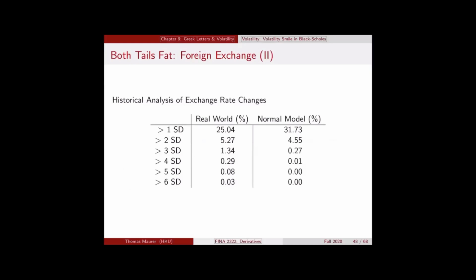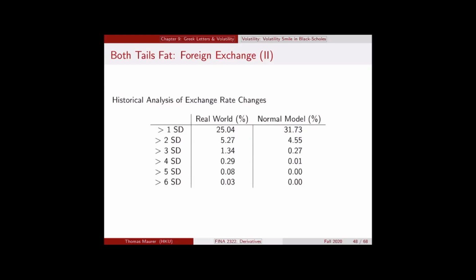If we compare the realizations of returns in the data to a normal distribution, we see that from time to time we have foreign exchange rate changes which are really large, more than 6 standard deviations away from the mean. Under a normal distribution that should never happen.